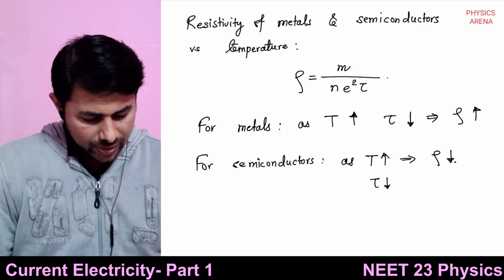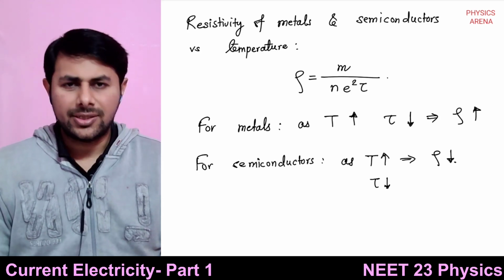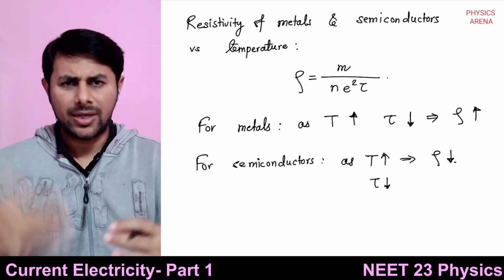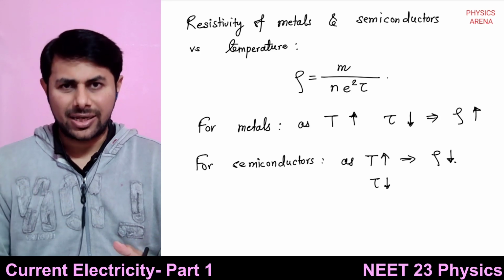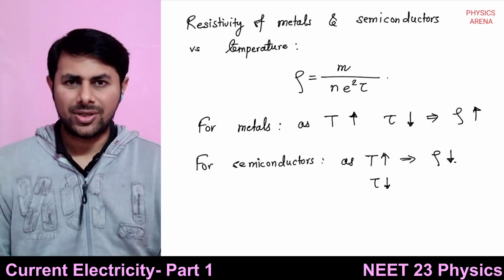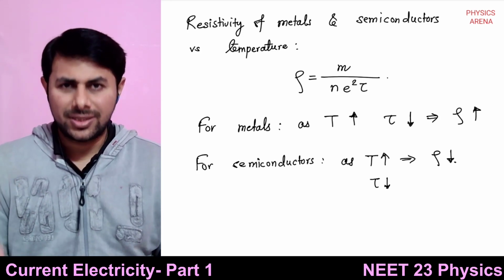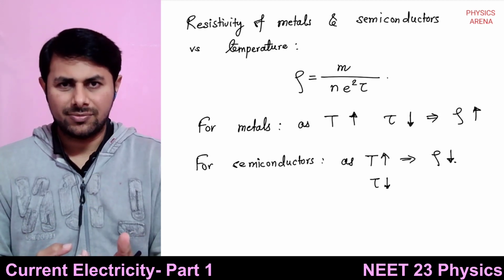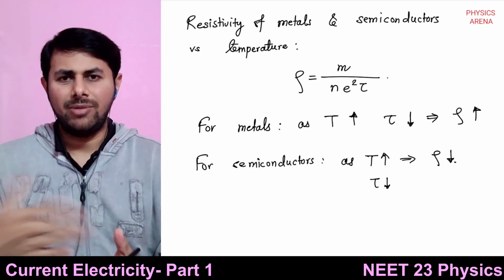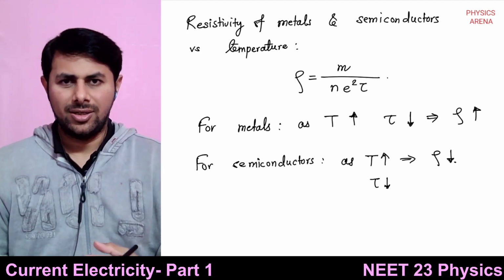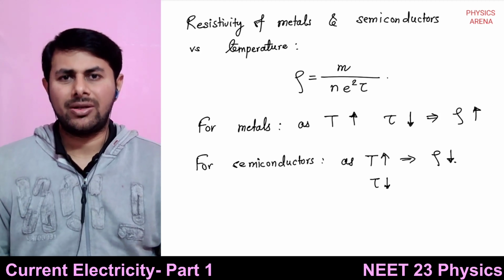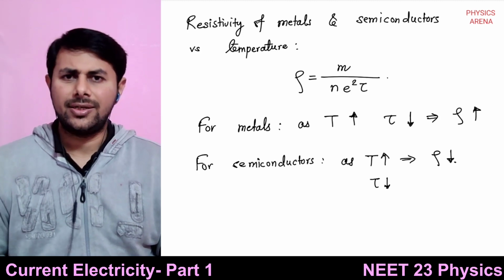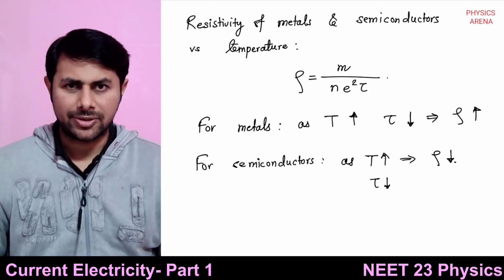Now as temperature increases, in case of semiconductors at room temperature, there are not many free charge carriers, meaning there are not many electrons available for conduction. As you increase the temperature, what will happen? Electrons will gain sufficient energy to come out of the outermost shell. So there will be more electrons available for conduction, and we'll discuss that in semiconductors, more holes also.